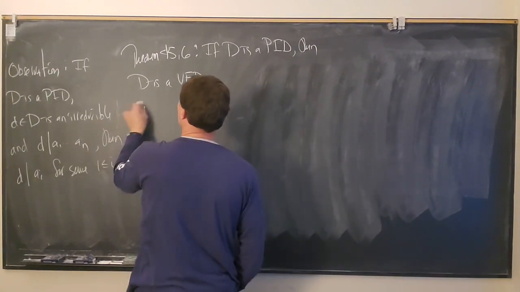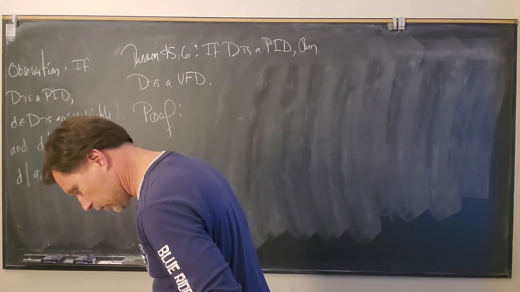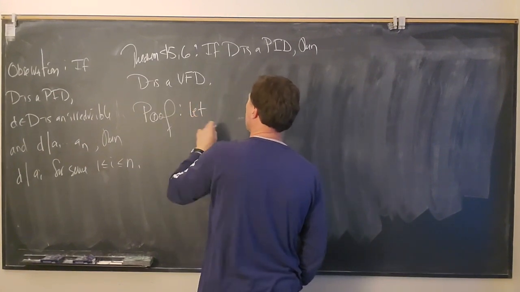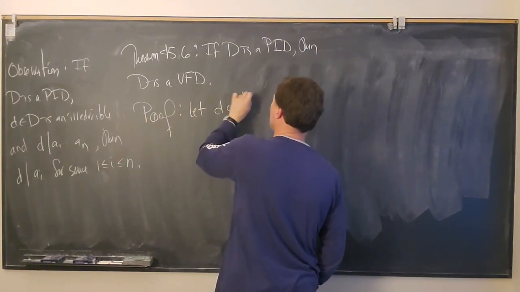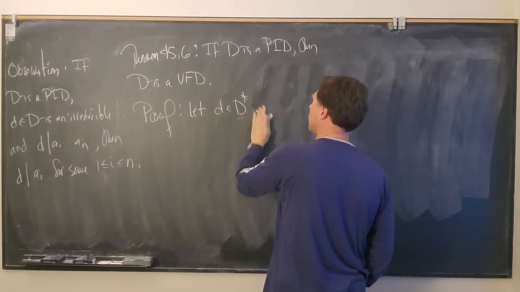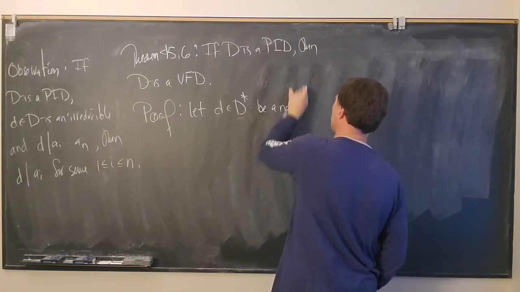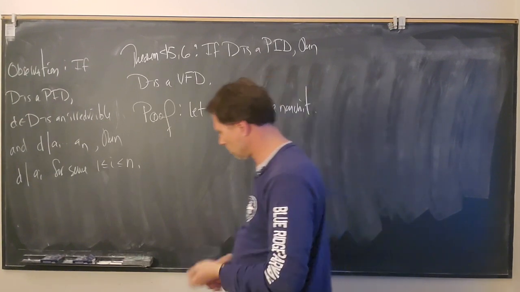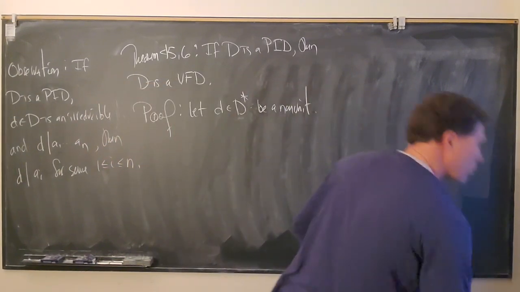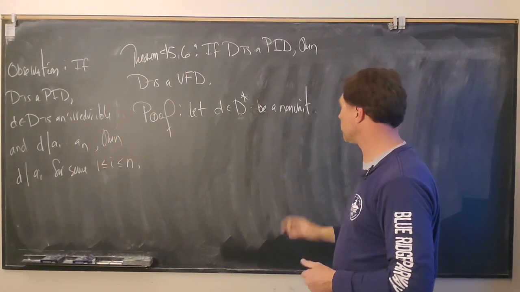For the proof, we're going to take a non-zero, non-unit element. So let little d in D star, so d is non-zero, be a non-unit. Now what we know is that d can be expressed as a product of irreducibles.